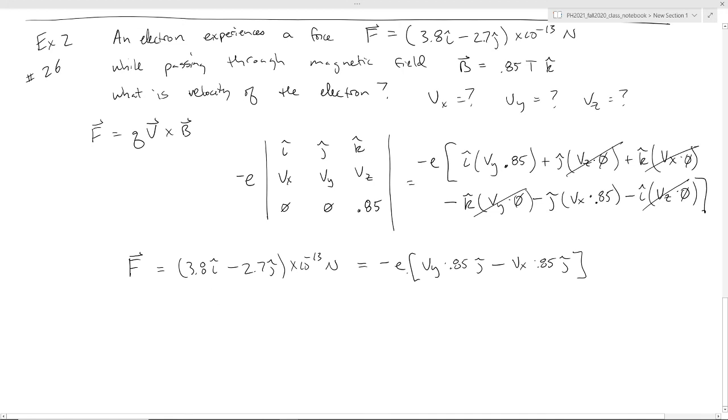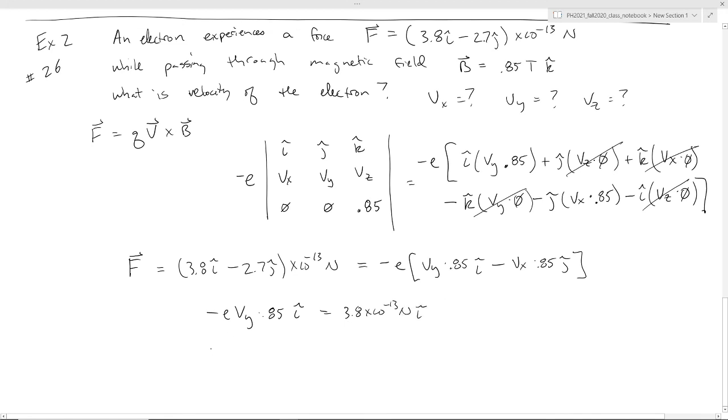Oh wait, I made a mistake here. This is i hat. We'll have negative e Vy times 0.85 in i hat, and that has to equal 3.8 times 10 to the minus 13 newtons in i hat.